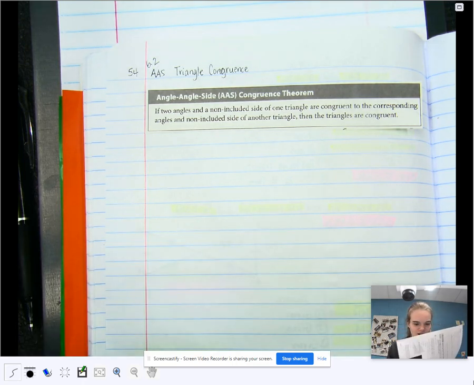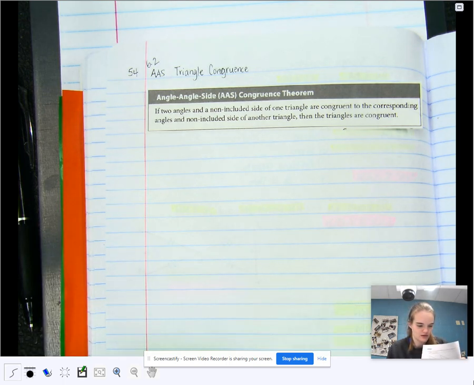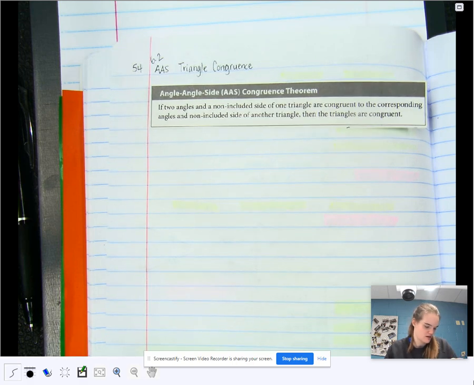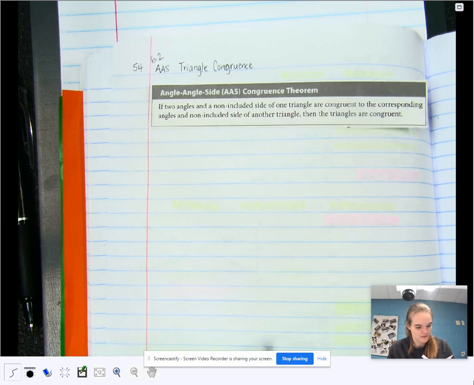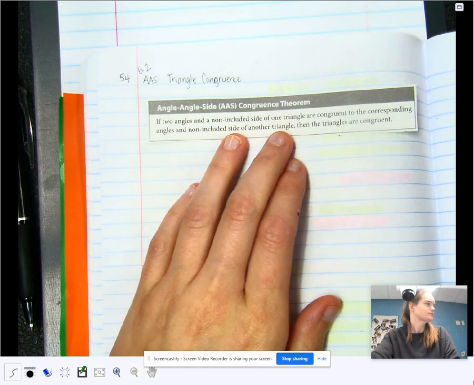We're not doing that. So we're going to cut out that piece, and you'll see what I mean in just a second. Okay, so go ahead and glue this down.